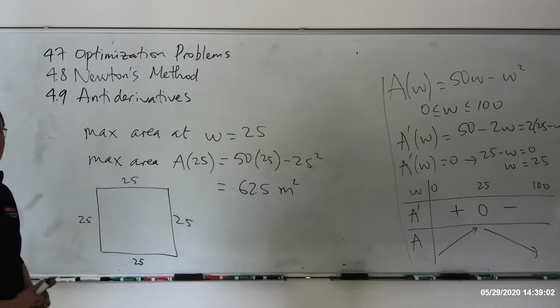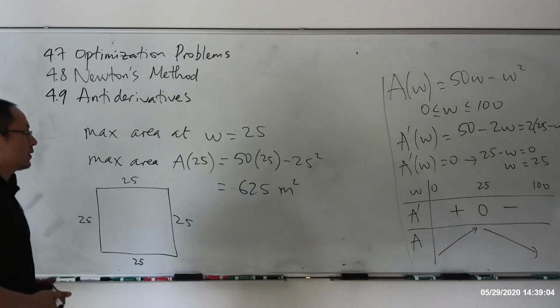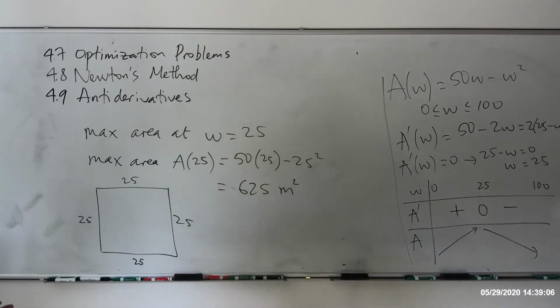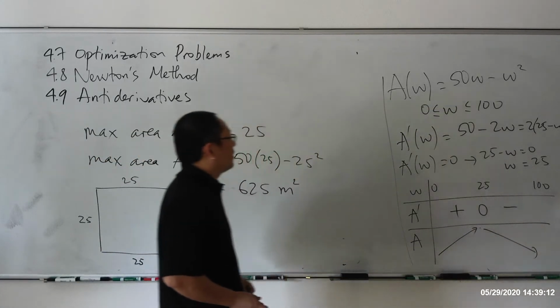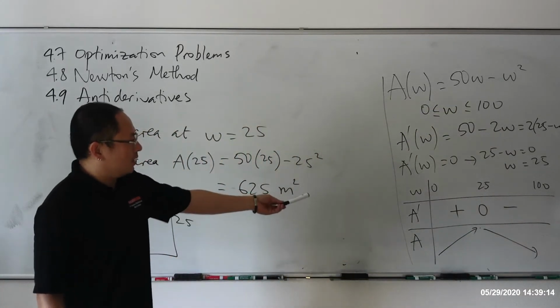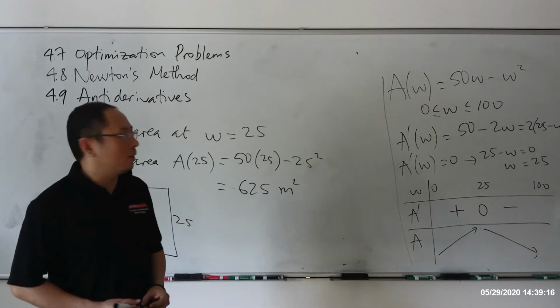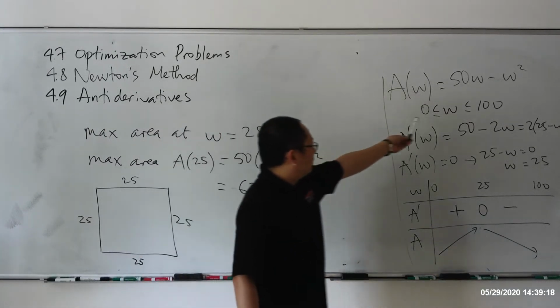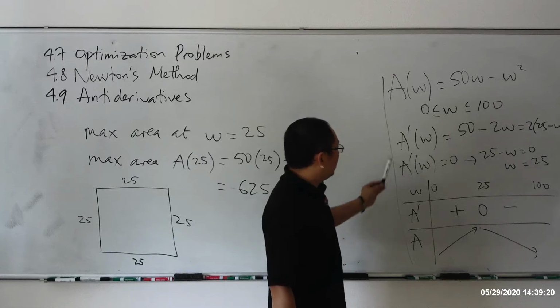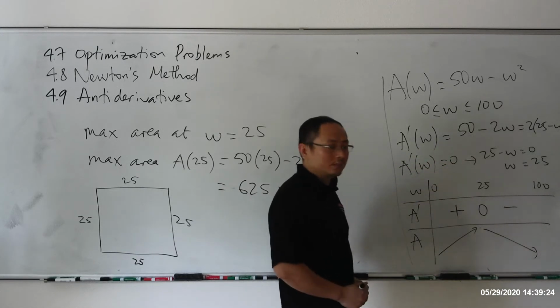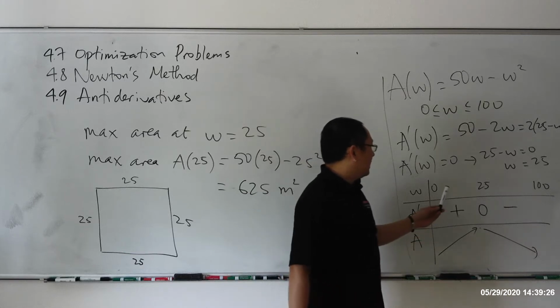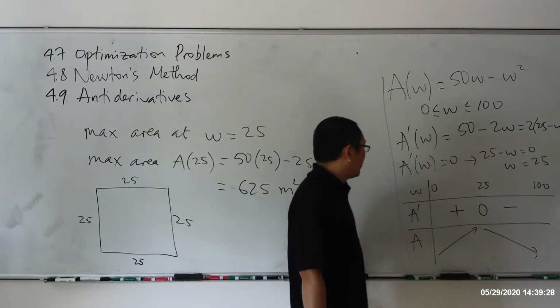You have a story. You try to translate that story into a mathematical function with one variable. And you want to find the maximum, you use what you learned before in sections 4.3, 4.5. Determine the domain, take the derivative, set the derivative equal to 0, then solve for that critical value.